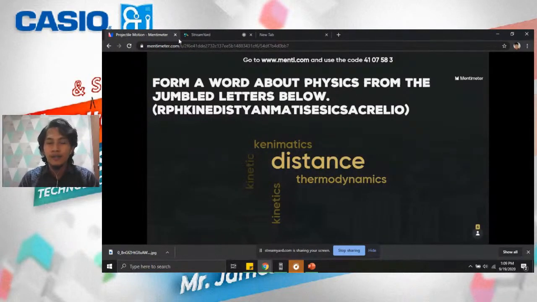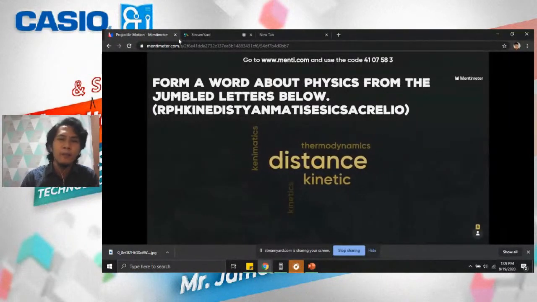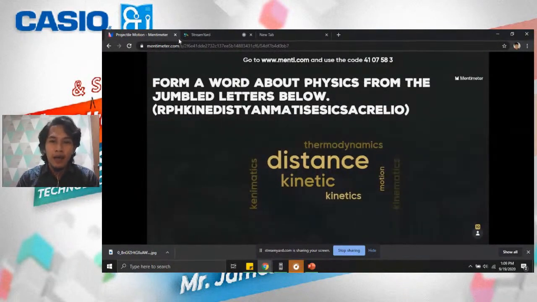Since nasa physics tayo, and ang topic natin is limited lang sa trigonometric functions, sa sine, cosine, at saka arithmetic, baka konti lang yung ating magamit. But then, sa higher physics, may nakita ko mga matrices doon, so feel free to use pa rin or to download the Casio software.